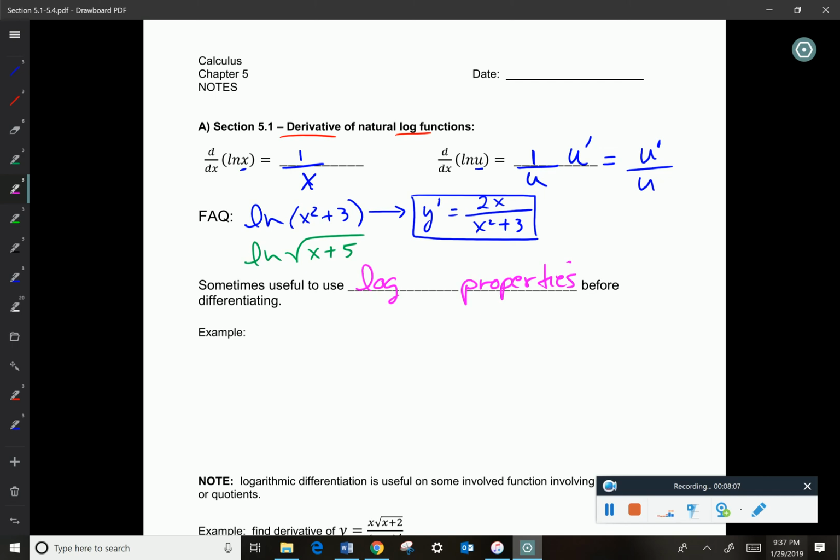So what are log properties? Well, that's part of your pre-calculus and Algebra 2 material that you're supposed to remember, but since we're going to use them right away today, let's do a very quick crash course.